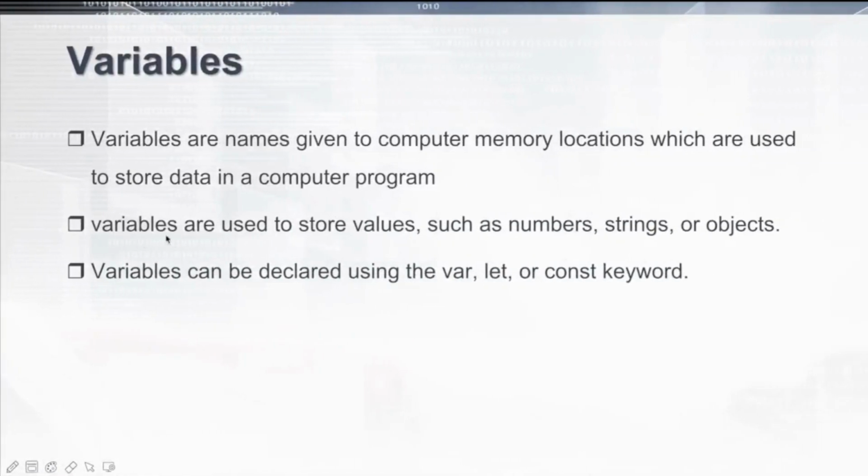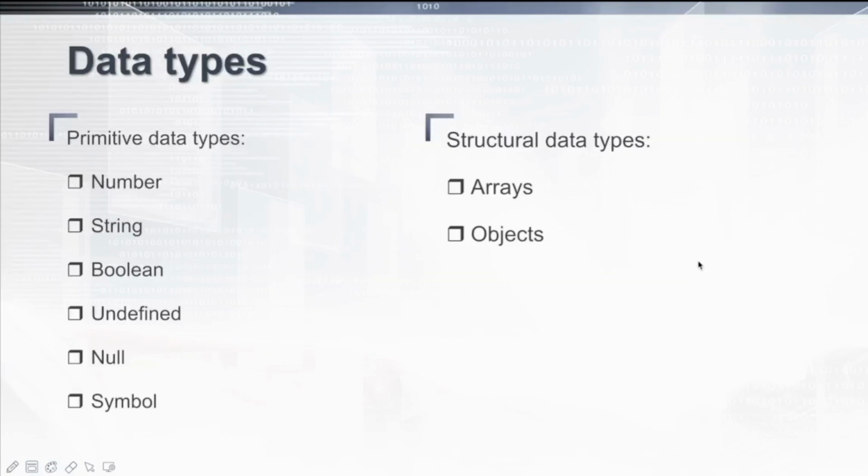So we are going to look at how we can create variables in our program and how we can use them. So variables are used to store values such as numbers, strings, or objects. So these data types we mentioned in our last video. We are going to be having data that will be in this format.